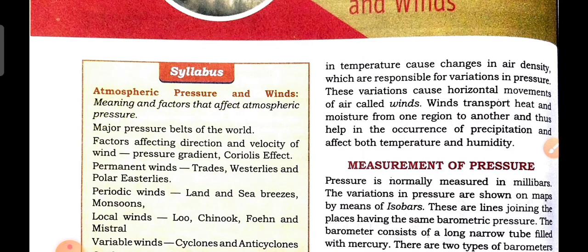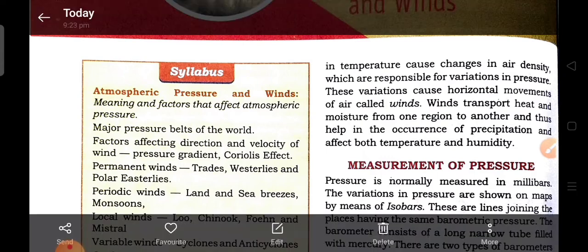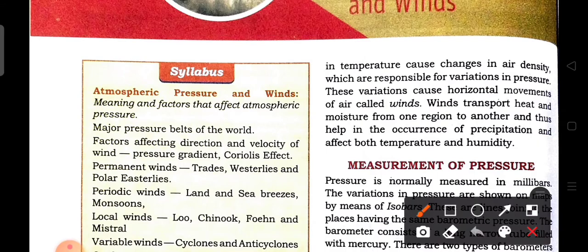This variation causes horizontal movement of the air. Horizontal means this way. If the air moves in this horizontal direction, then it forms the wind.